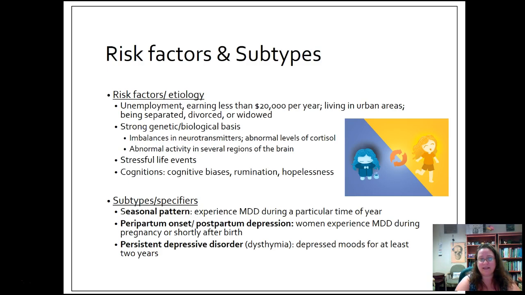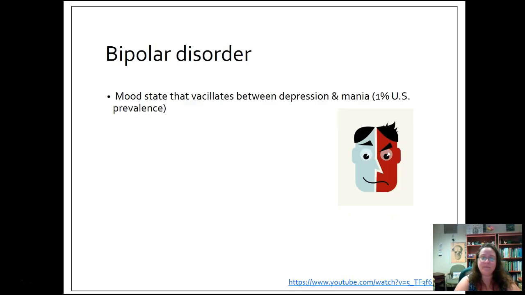Many women will experience baby blues, which is a mild form, or actually experience the depression. And then persistent depressive disorder, we used to call this dysthymia, is experiencing depressed moods for a long period of time, longer than 2 years, but often not as intense as a major depressive episode. They're just kind of melancholy and feel really low for years.